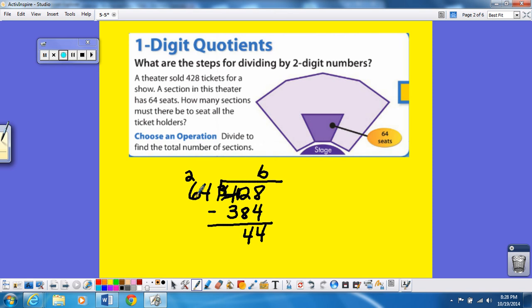If it happens to be more than your divisor, then you've not used a large enough number up here. So we're finished with this problem. Our answer is 6, remainder 44. Okay, so you see it takes a little bit extra time when we're dividing into such a large number.